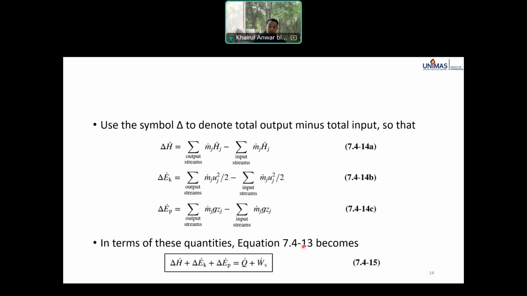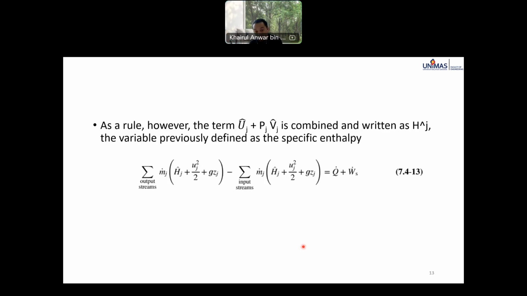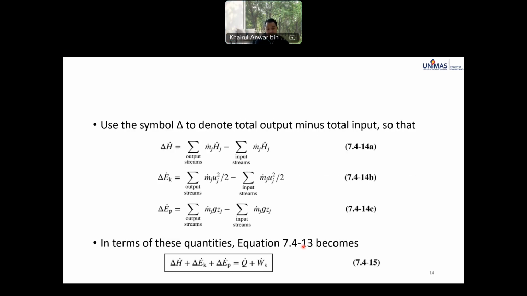Then use the symbol delta to denote total output minus total input. So in terms of this quantity, equation 7.4-13, the long one, will become 7.4-15. So what is 7.4-15?